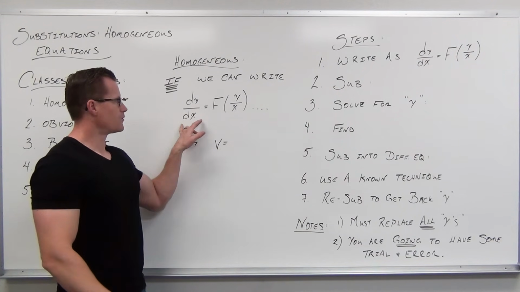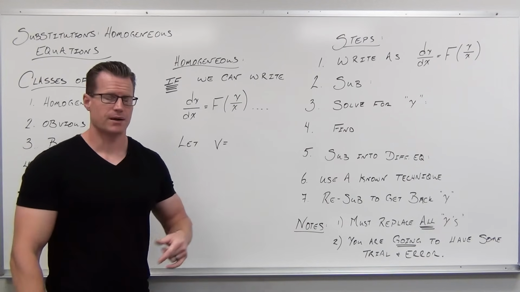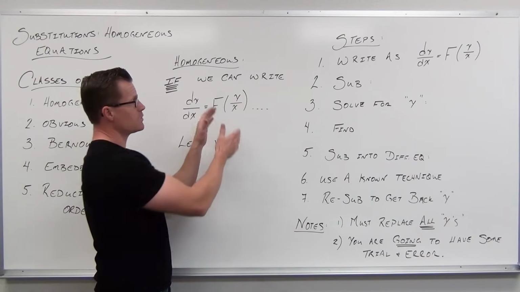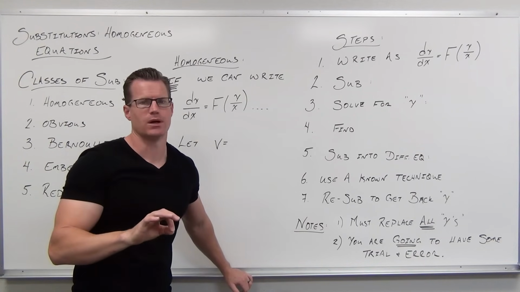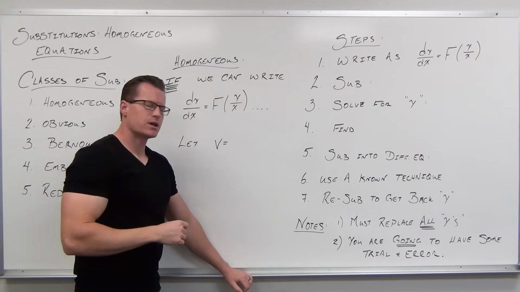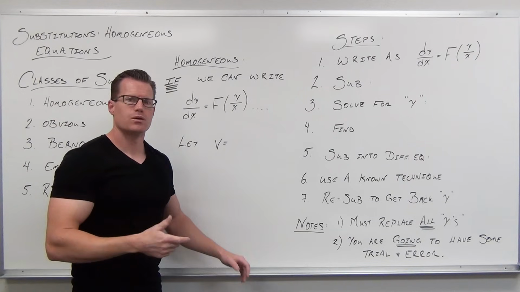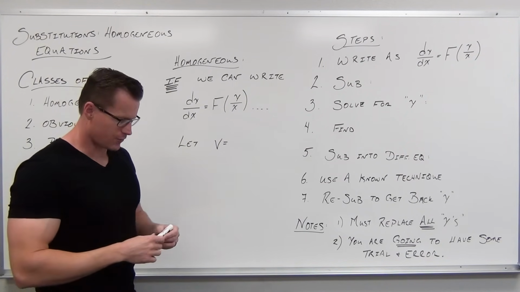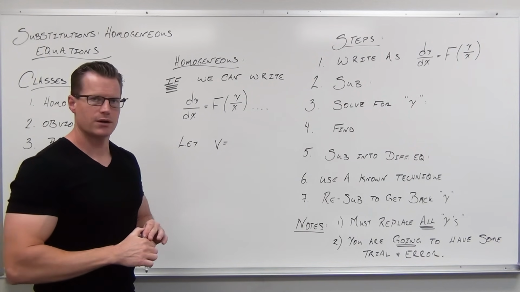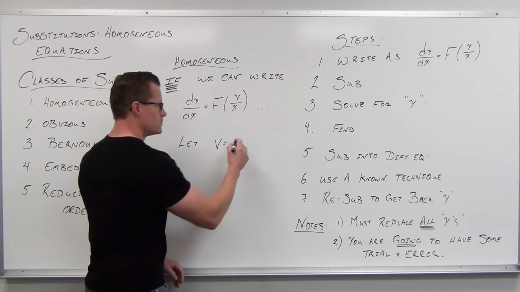So if you can solve for your first derivative, dy dx, and if you can make this function into y over x everywhere, then we can make a substitution. The substitution says, what if we called y over x this v?